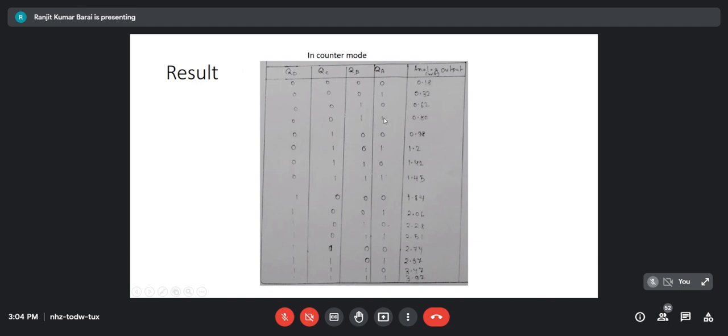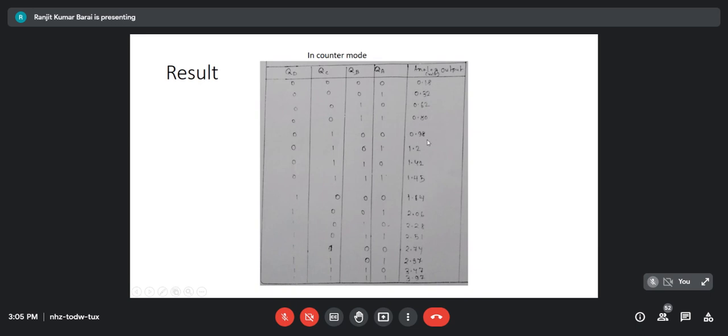So I took this data from the repository of our control system lab. This is just one example. If you perform this experiment, you may get a bit of difference in the voltage measurement, because the experimental setup is quite old. It is more than 30 years old, not a matter of joke.